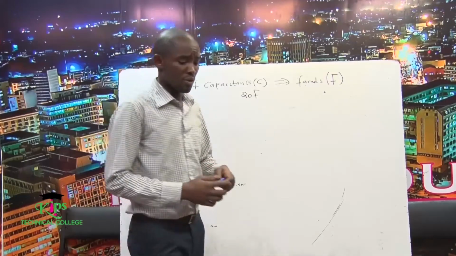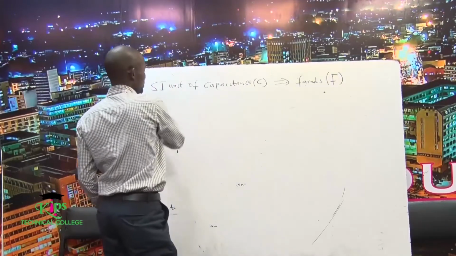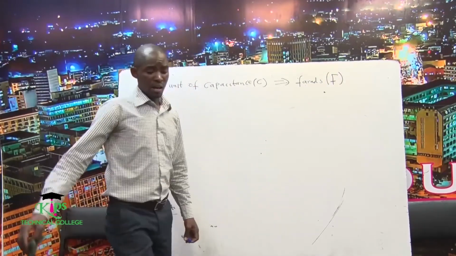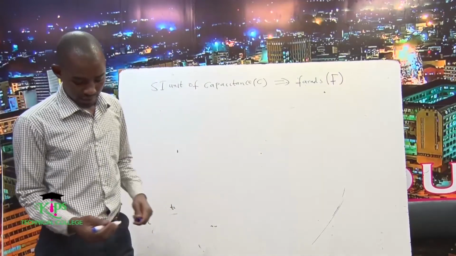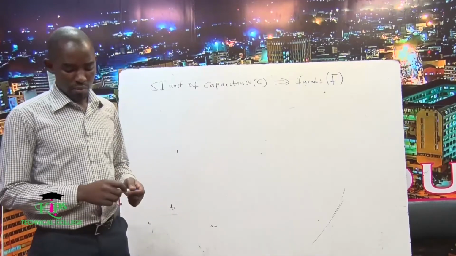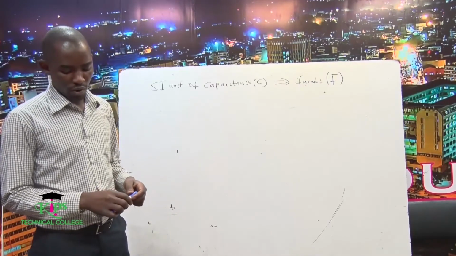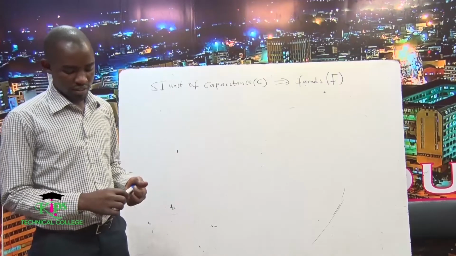Sometimes in an exam you can be asked to define what a farad is. Very many cases I've seen people being tested to define what a farad is. We can say a farad is the capacitance of a body if a charge of 1 coulomb raises its potential by 1 volt.